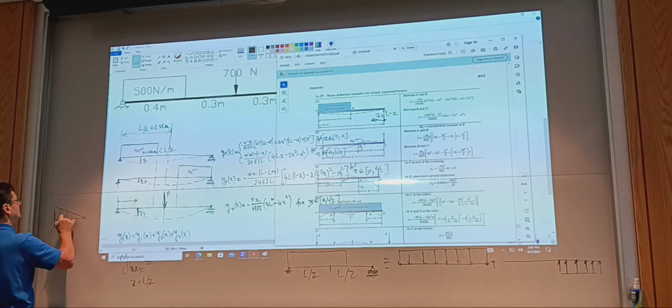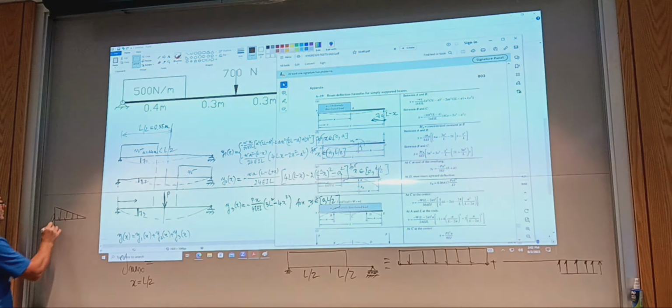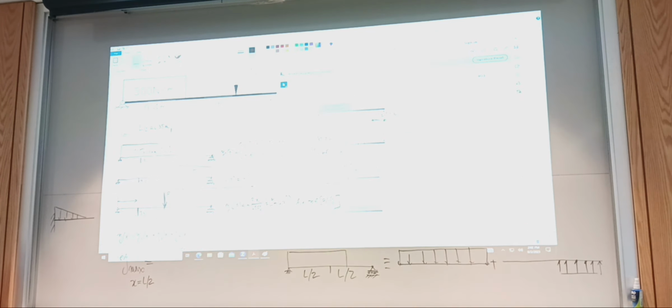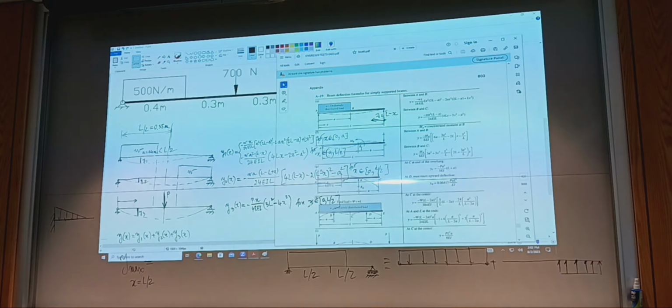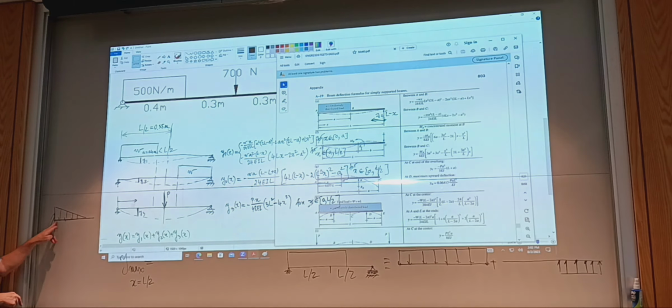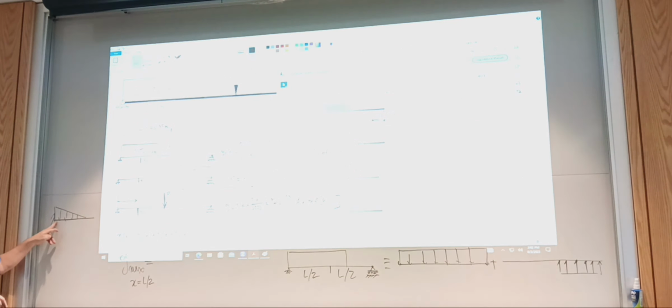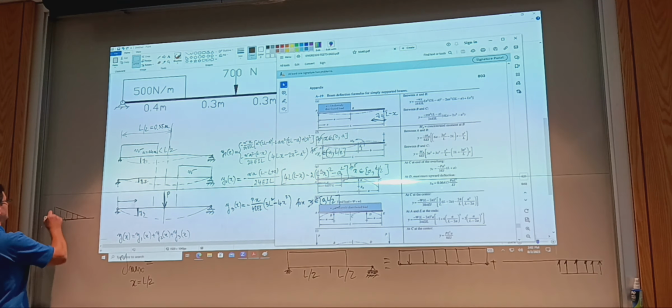So if you have a triangular distributed load, and I say cantilever, why? Because constants of integration are easy there. You know that deflection and slope are 0 at x equals 0. Otherwise, you would have to use graphical methods. I did a spreadsheet that can do any of the cases discussed in the book and others, using the theory in the book.